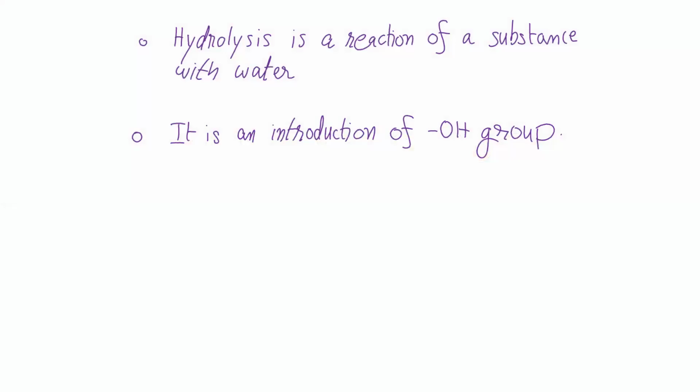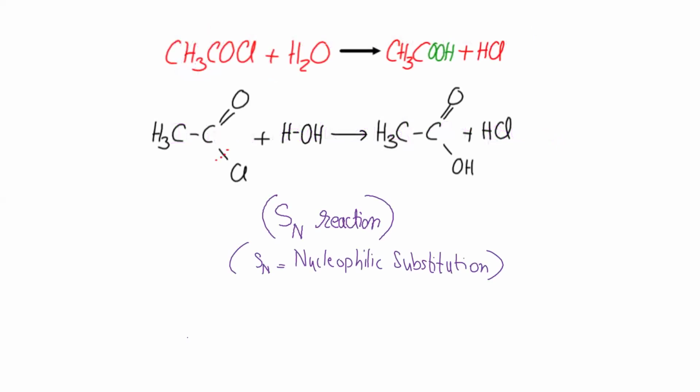Now, what is hydrolysis? We just discussed hydrolysis today, I think in the same class. Hydrolysis is a reaction of a substance with water. In organic chemistry, we say it is the introduction of an OH group. Now look at this reaction: CH3COCl plus water gives you CH3COOH plus HCl.